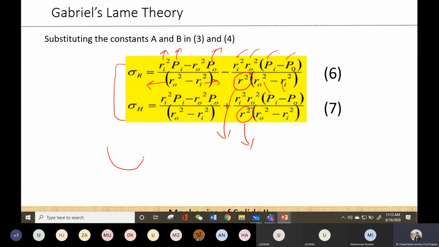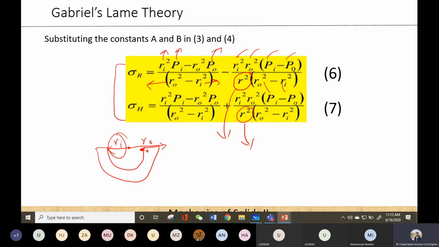For example, the cross section looks something like this one, and this is our center point. So this is the internal radius, and this over here is the external radius, right? So in between these two radii, there are numerous values of this R factor. For example, if I want to calculate the hoop stresses at this point, I will substitute R equal to Ri.